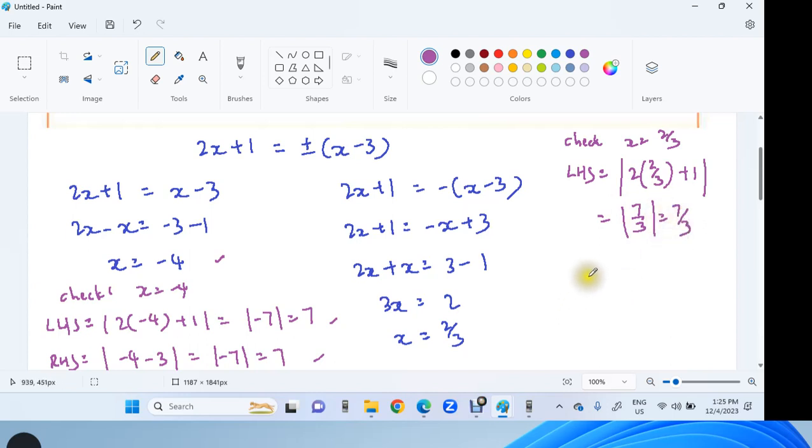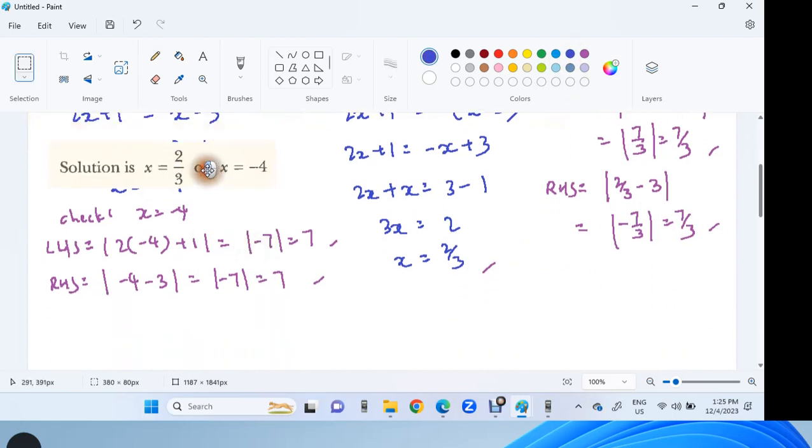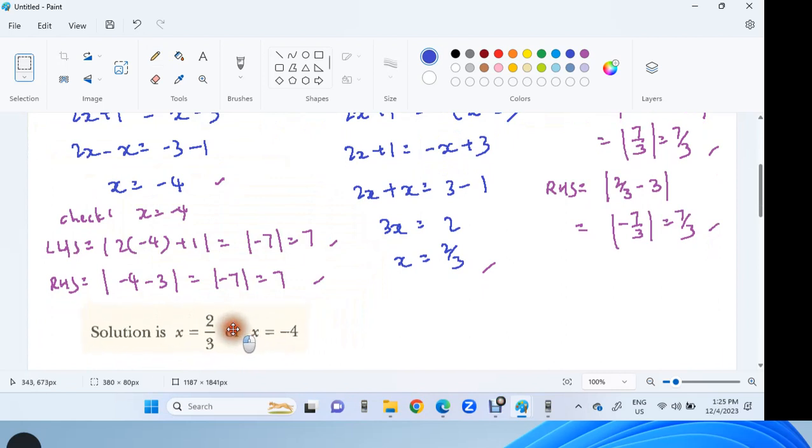For the right hand side, it is modulus of 2 over 3 minus 3, which is modulus of negative 7 over 3, and it's 7 over 3 as well. These two are the same, so this is a solution as well. From here, we can conclude that the solutions are x equal to 2 over 3 and x equal to negative 4.